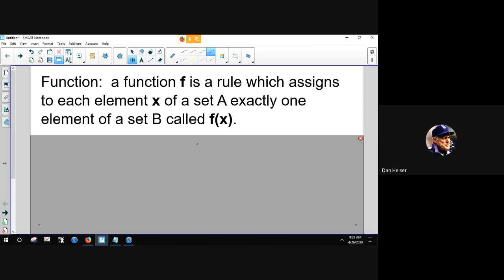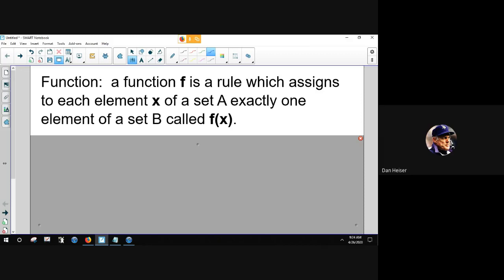And that formula or equation, that rule, is going to take something from one set, we call that x, an element. An element is just a member of a set. So if we have a set of objects, each individual item in that set is called an element. For example, a class of students is a set. Each individual student in that class would be an element.